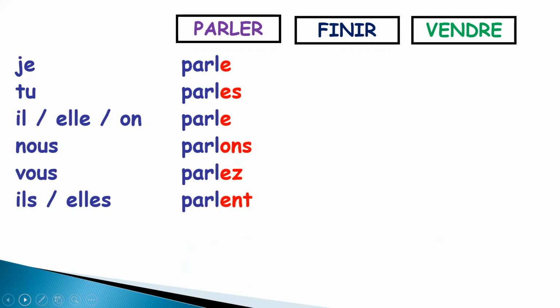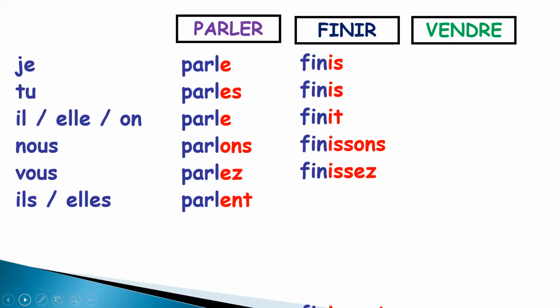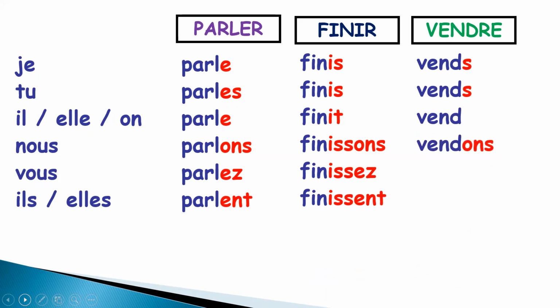Je finis, tu finis, il, elle, on finit, nous finissons, vous finissez, ils, elles finissent. And finally, je vends, tu vends, il, elle, on vend, nous vendons, vous vendez, ils, elles vendent.